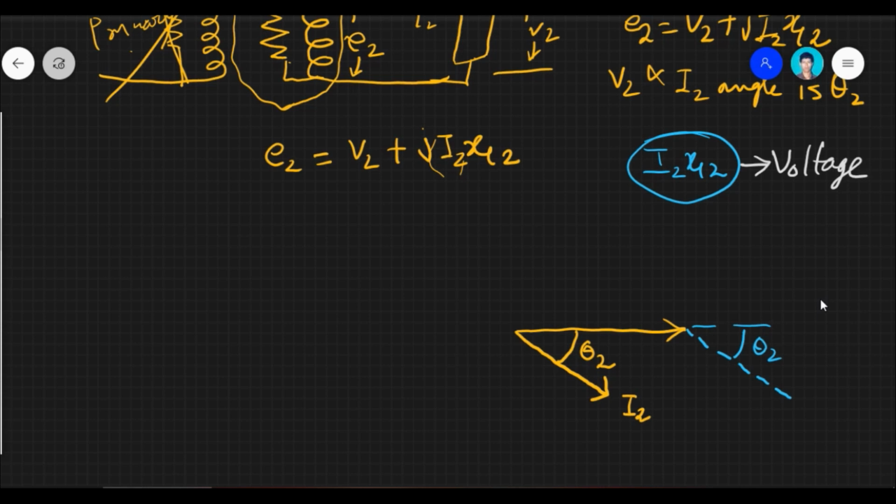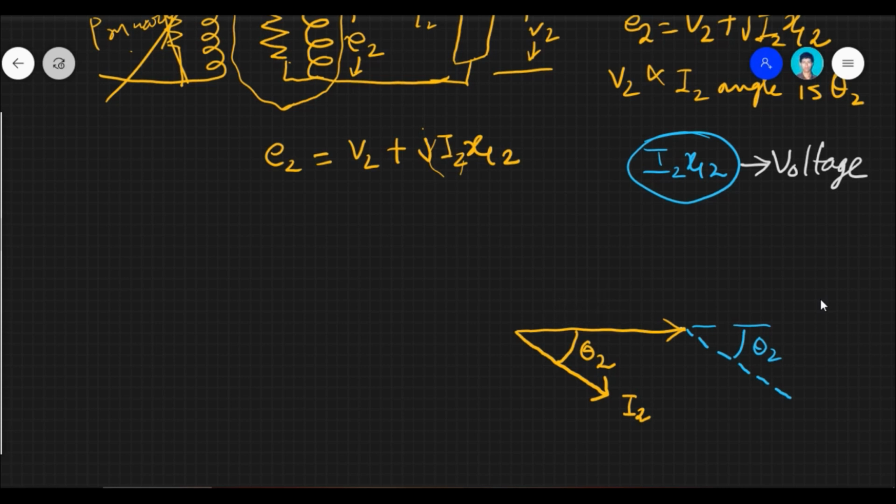Like if V2 is 100 volt and you have defined one small unit of your graph as a certain value, then accordingly you get a certain length for this phasor corresponding to 100 volt.